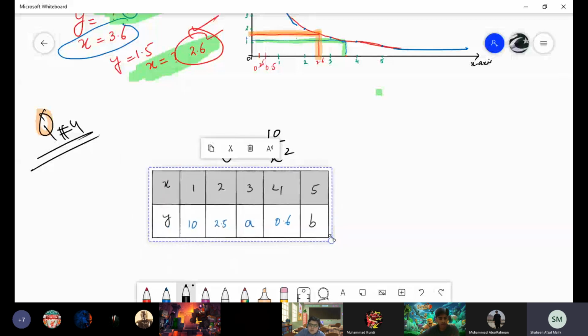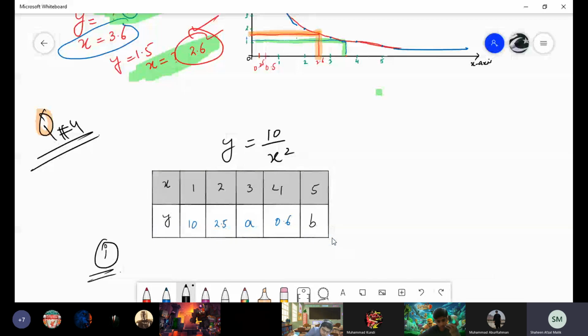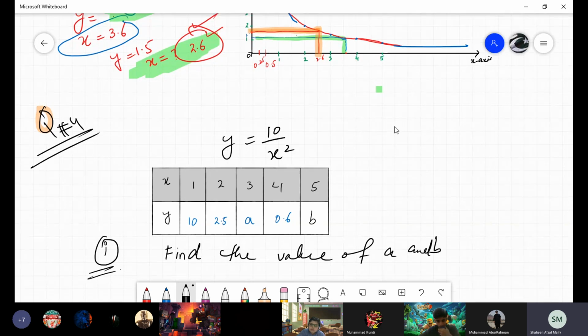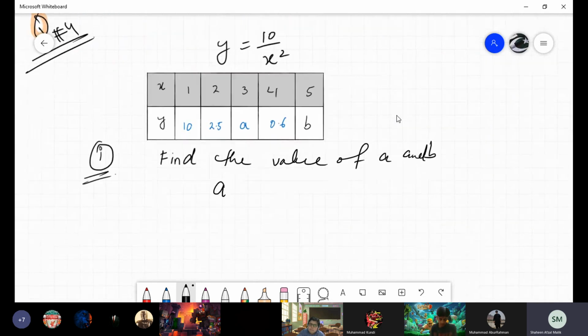Ma'am, a is 1.1 and b is 0.4. You have to solve this on your page, where you write the question like this: find the value of a and b, and write your answers down. What's the value of a? 1.1, and b is 0.4.